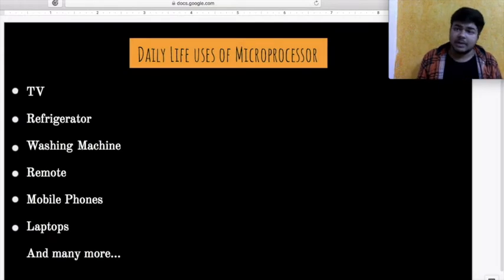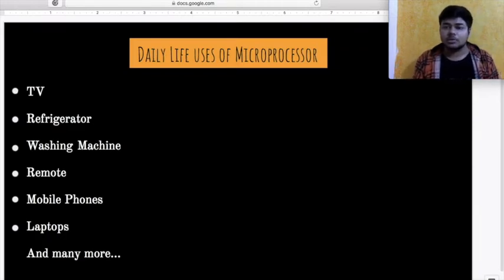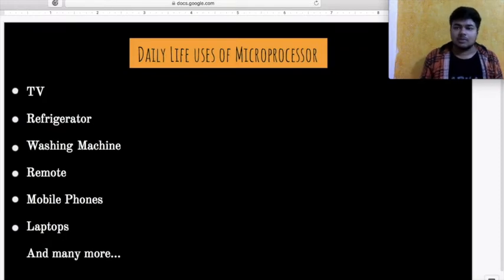Actually, when we press the start button of the washing machine, a program pre-installed in its memory is executed by the microprocessor, and the particular result we see is due to the microprocessor. Also in remotes, when we press a key, the output is generated by the microprocessor.